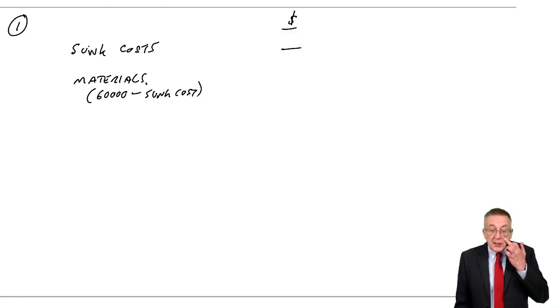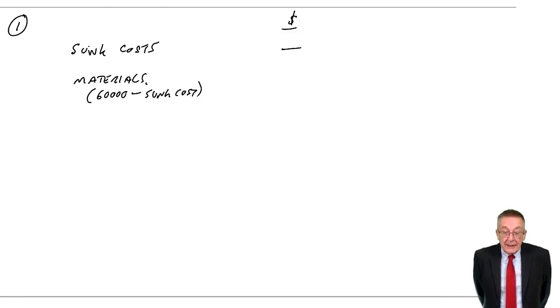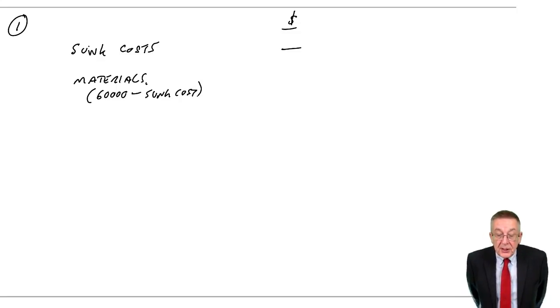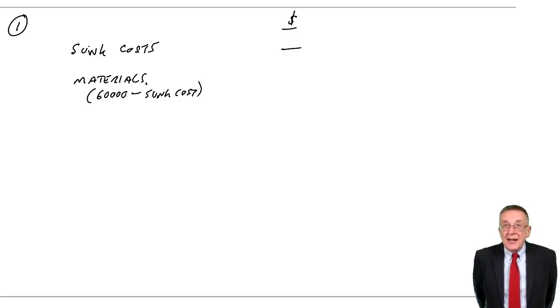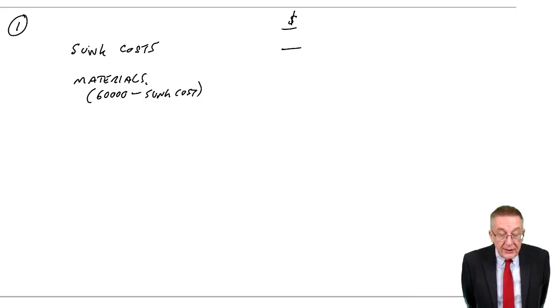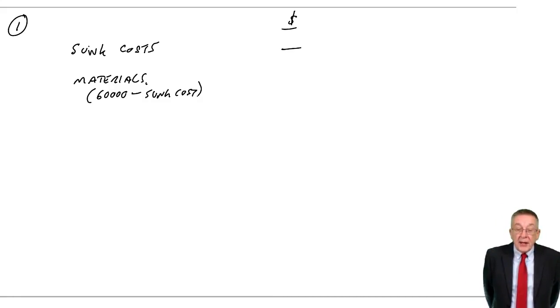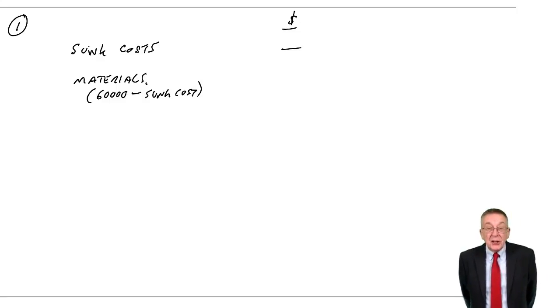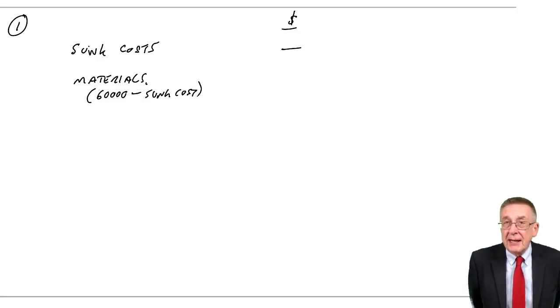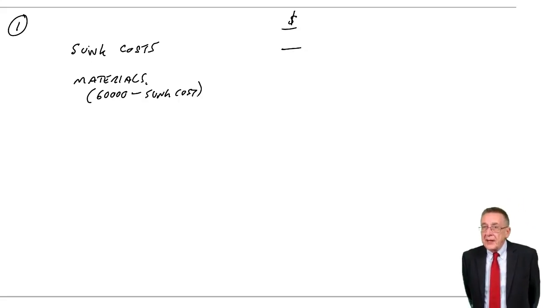Now, what's going to happen if we don't do the project? Well, it says in the note, these materials are toxic, poisonous, and if not used in this project, we're going to have to dispose of them and it'll cost us 5,000 to get rid of them. Now think about it.